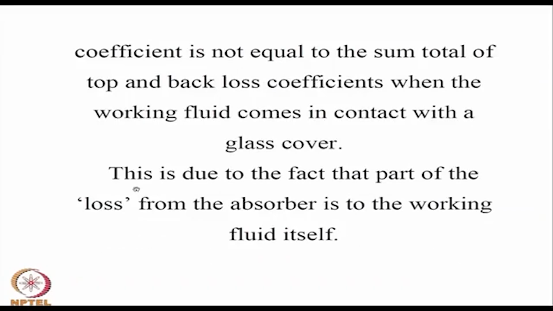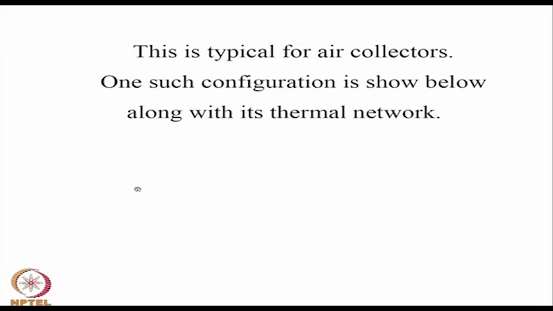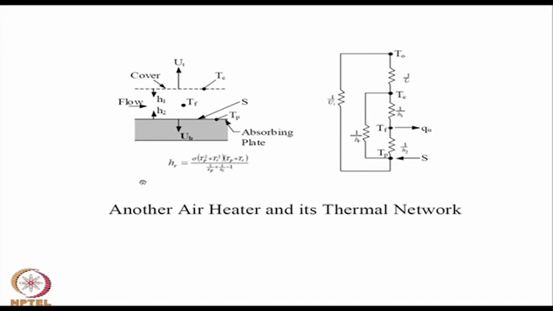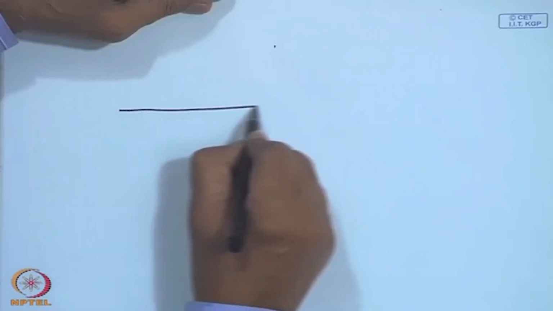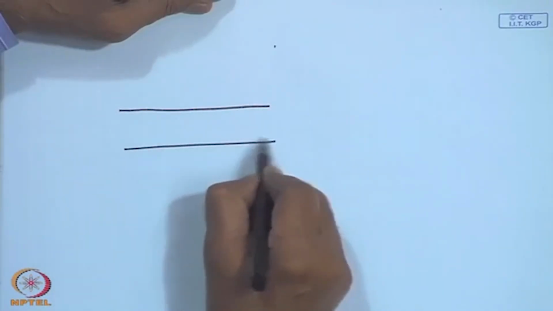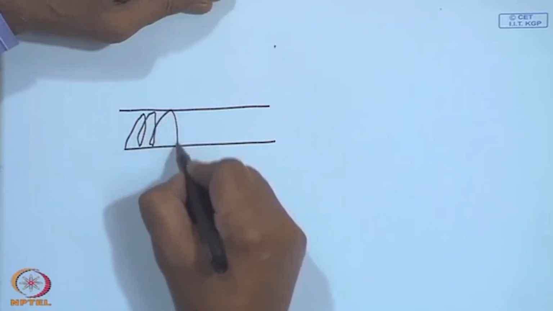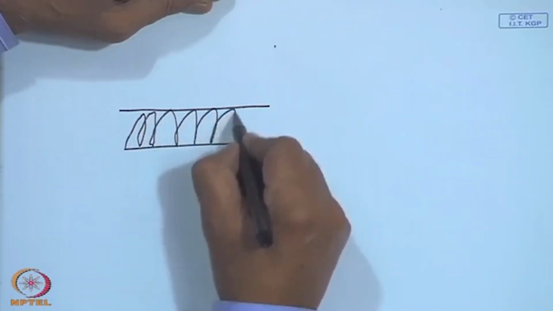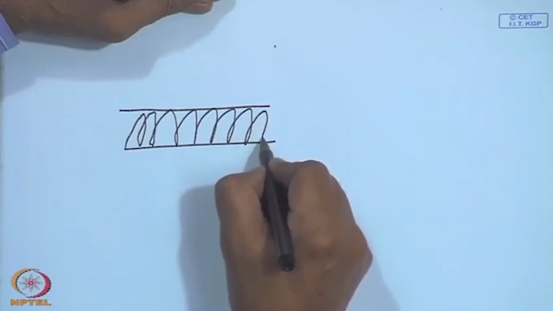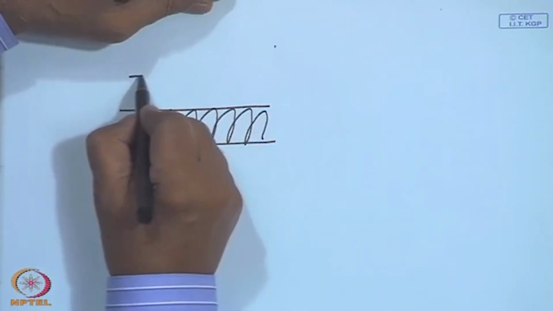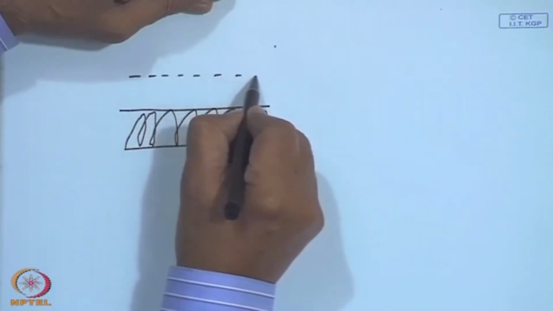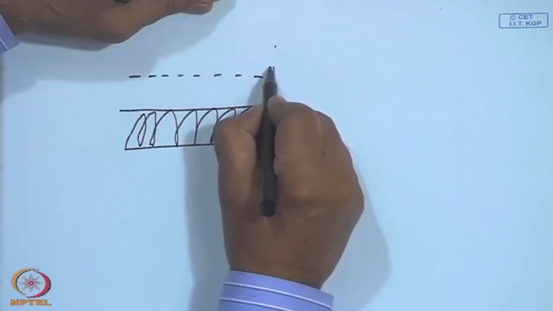So, we will show one such configuration, which I have already shown. This is the insulation. This is the top glass cover at a temperature of T c. This is at T p.